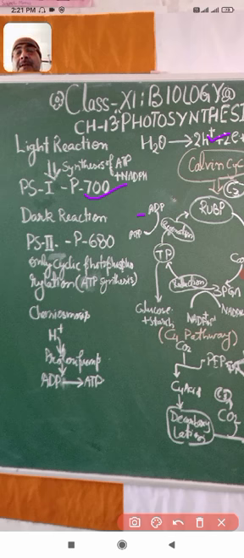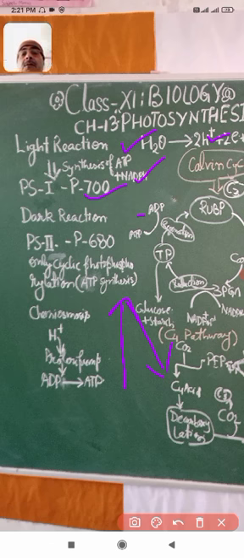Uphill movement of the electron means if the electron is going up, then that is uphill, and if the electron is going down, then that is downhill. When the electron is in the uphill position, there will be the synthesis of ATP, and when the electron is downhill, there will be the formation of NADPH.